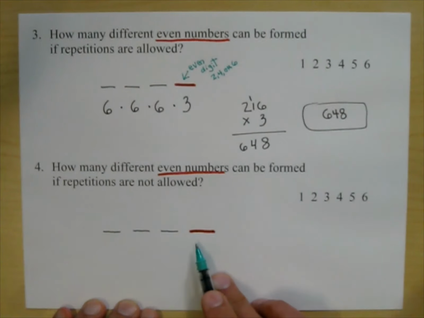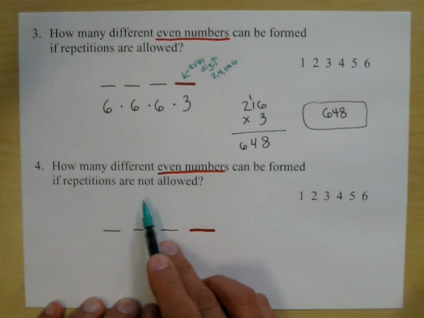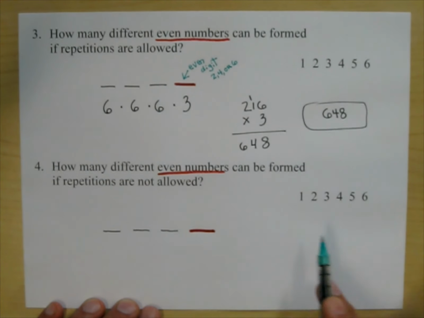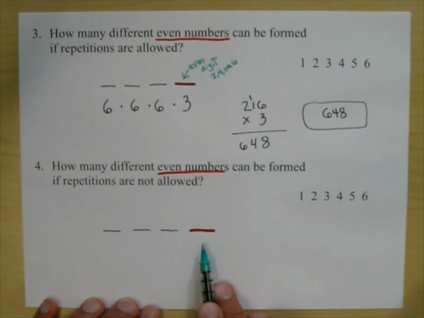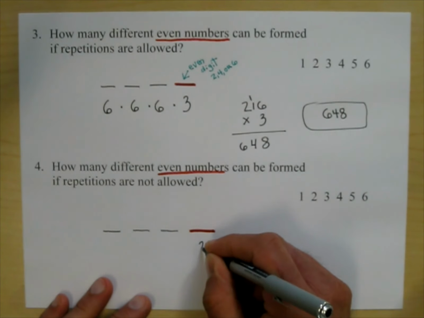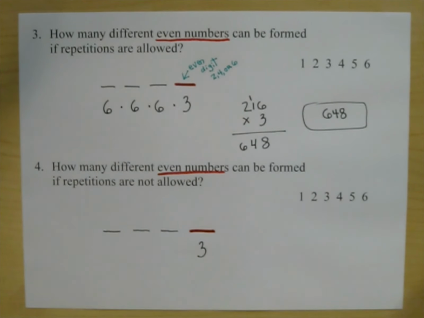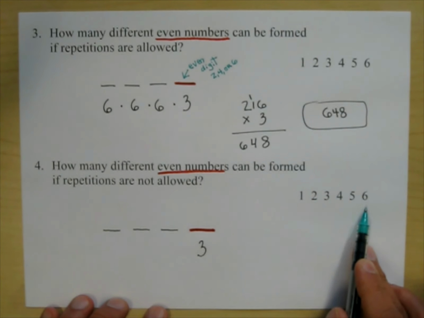What makes the whole number even is if the last digit is an even digit. Repetitions are not allowed, so I'm going to be using green and crossing things off this list. So how many choices do I have for that slot? Well, it starts off like the last problem. There are 3 choices. You can put a 2 there, a 4 there, or a 6 there.